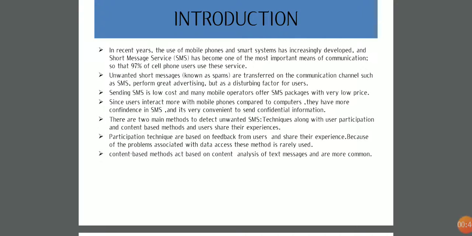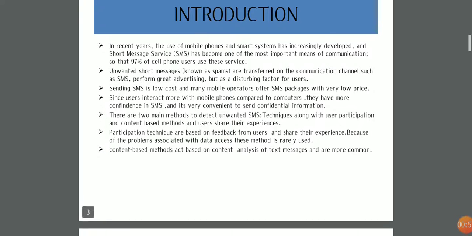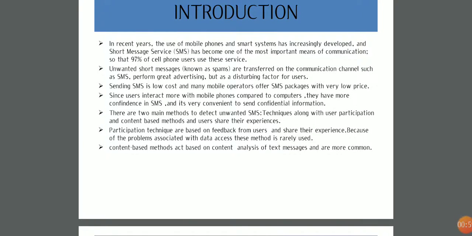Since users interact more with mobile phones compared to computers, they have more confidence in SMS, and it is very convenient to send confidential information. There are two methods to detect unwanted SMS: techniques along with user participation, and content based methods.